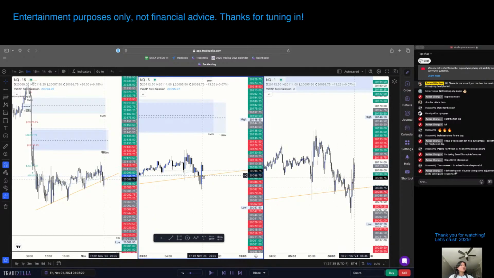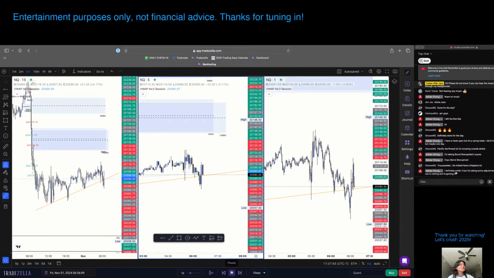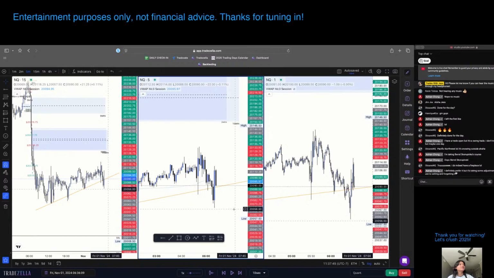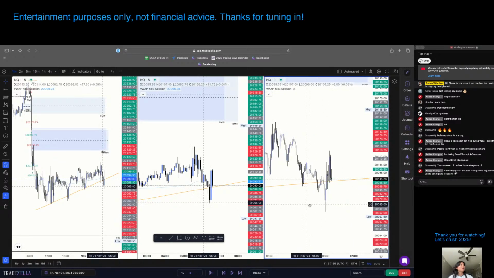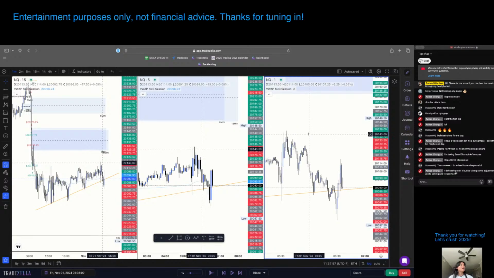Okay, here is 6:35. Okay, here we have an obvious break of the trend. However, we also have candle 1, 2, and now we need to see where 3 closes. Oh, okay, and then we do have these internal buy sides up here.